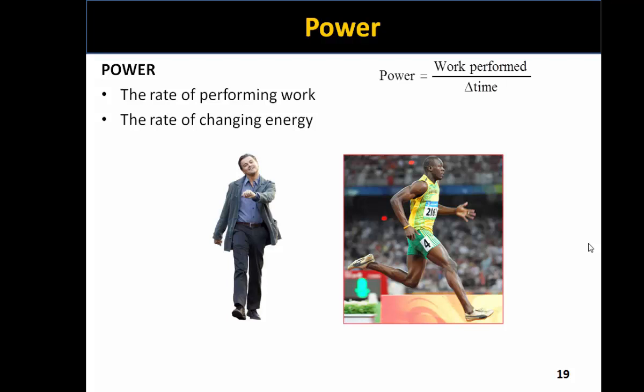As an equation, power is equal to the work performed, which we step through in terms of how to quantify work performed as a force applied against an object that moves across a particular distance, divided by the time it takes to perform that work, or the time taken for that object to move that specified distance.